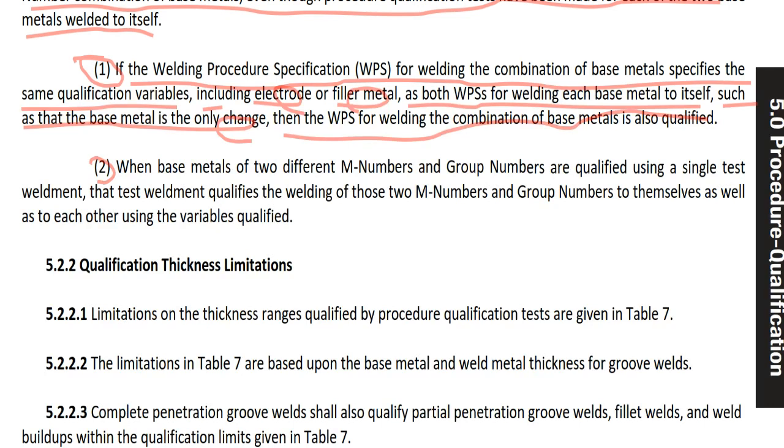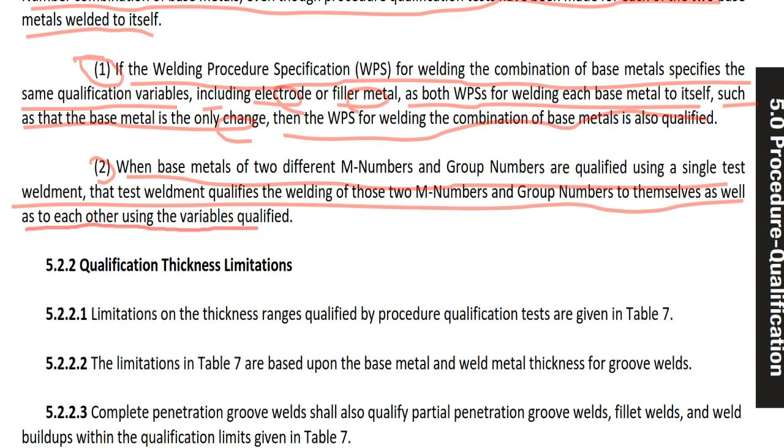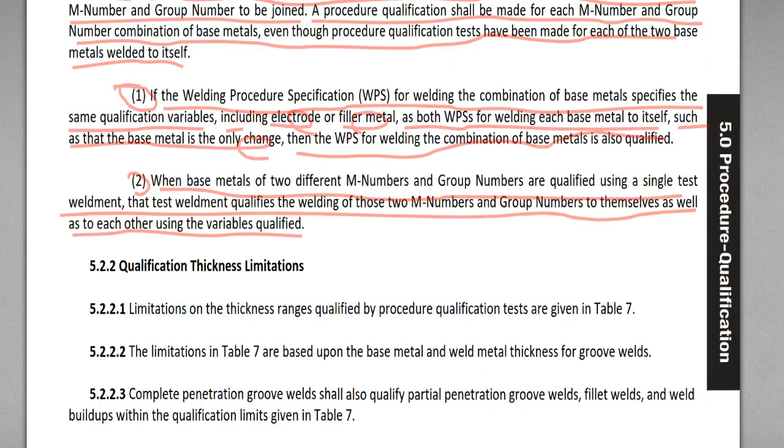Parenthesis number 2. When base metals of 2 different M numbers and group numbers are qualified using a single test weldment, then the test weldment qualifies welding those 2 M numbers and group numbers to themselves as well as to each other using the variables qualified.